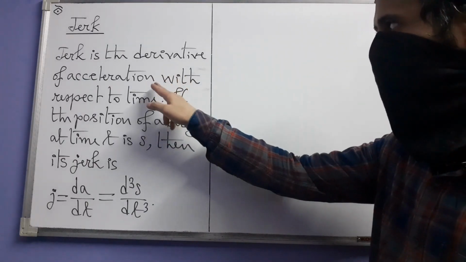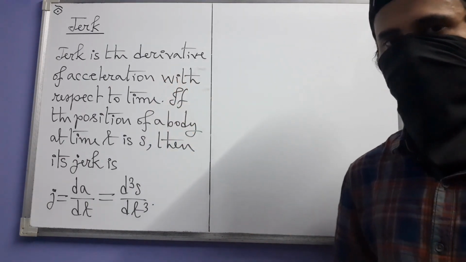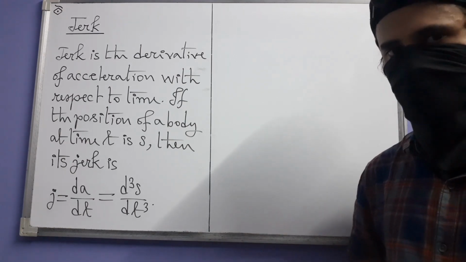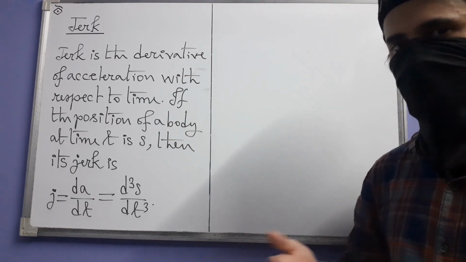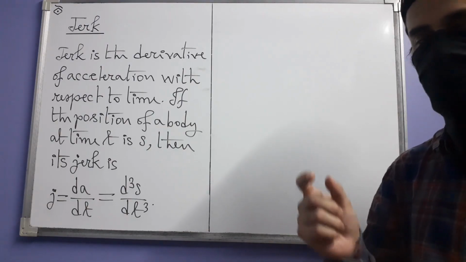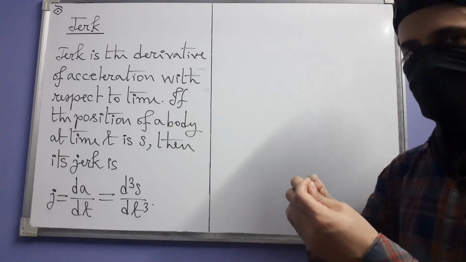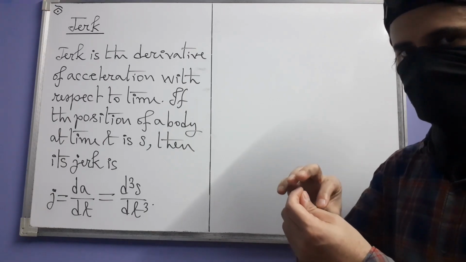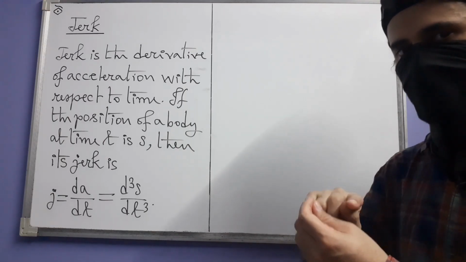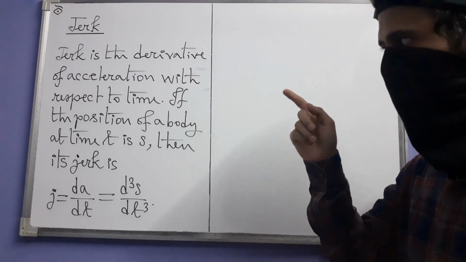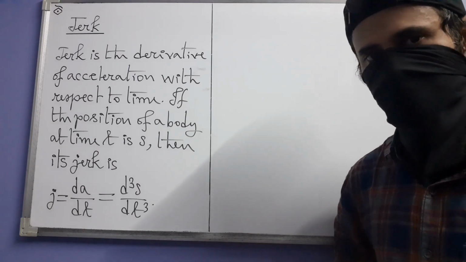Jerk is the derivative of acceleration with respect to time. So if we take one more step in our subsequent differentiation of position. First we differentiated position with respect to time, we got velocity. Then once more we differentiated, we got acceleration. Now if we do it once more, we are going to get jerk.